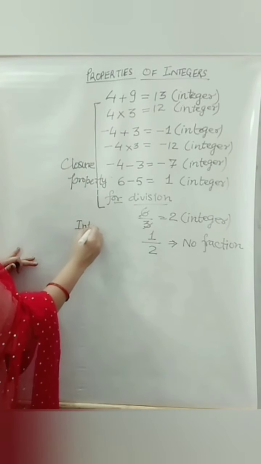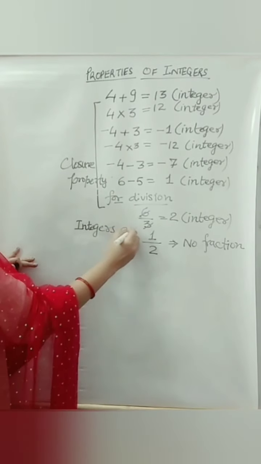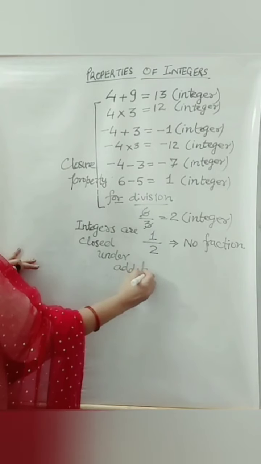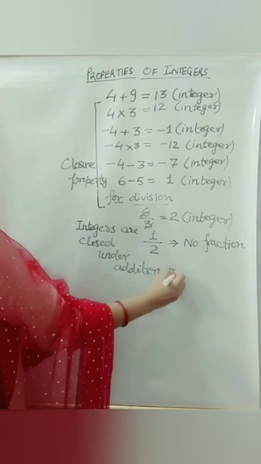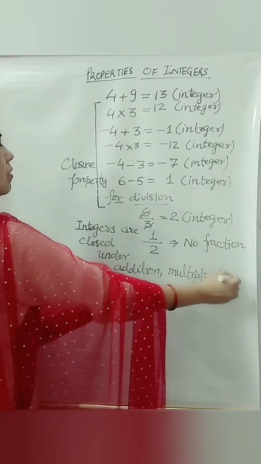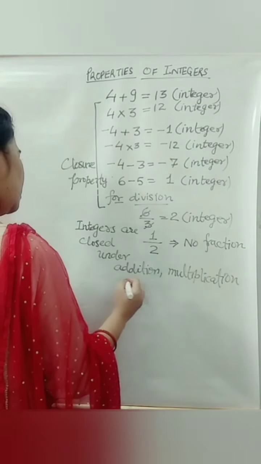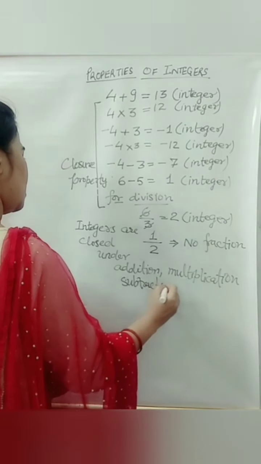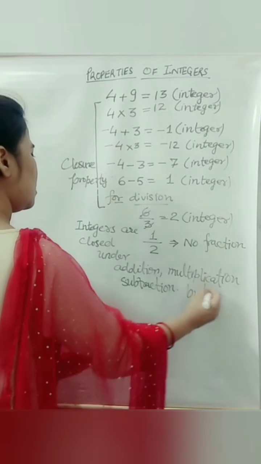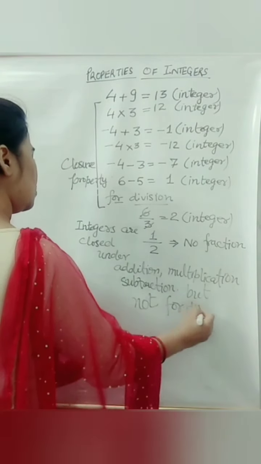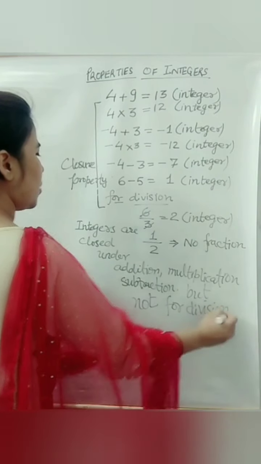Integers are closed under addition, multiplication, subtraction, but not for division. So these all were closure property.